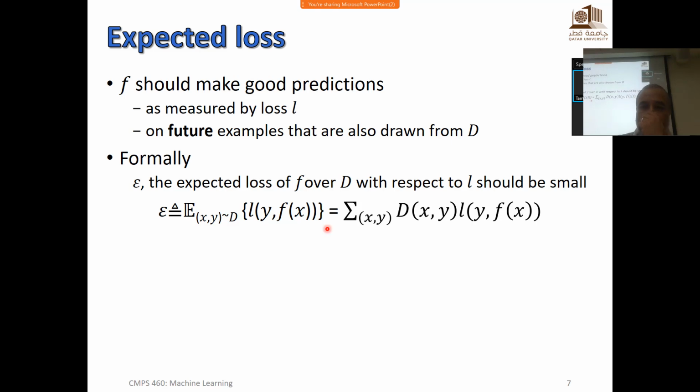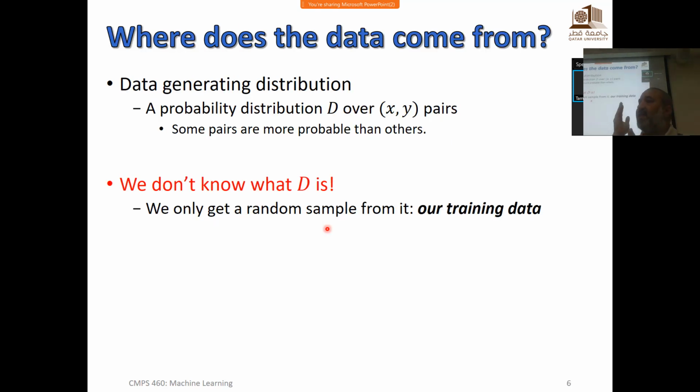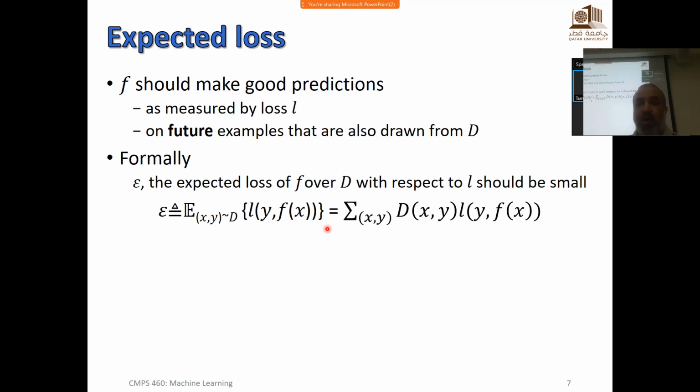Now, since we assumed here that every x and y pair has a probability, right? So we can compute the expected error of our model based on that distribution. How is that? We compute what we call expected loss. Now, the function that we will need to learn should produce good predictions, right?